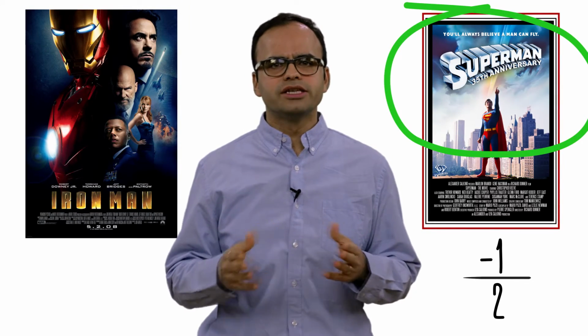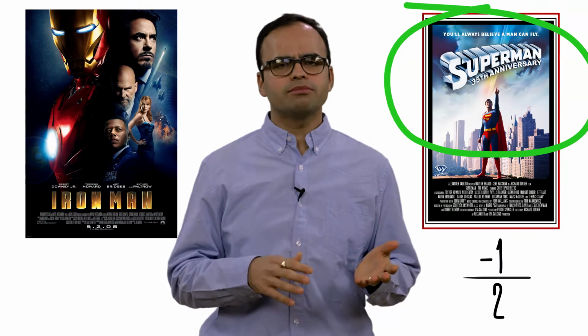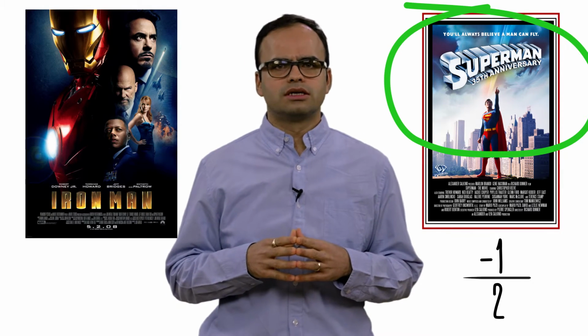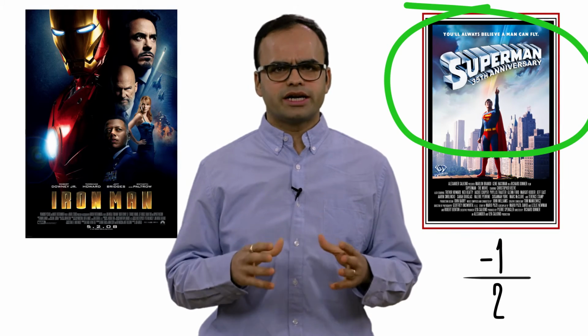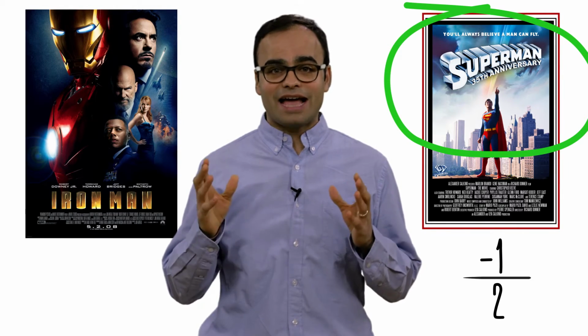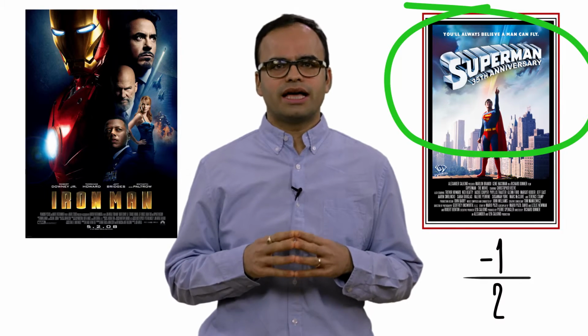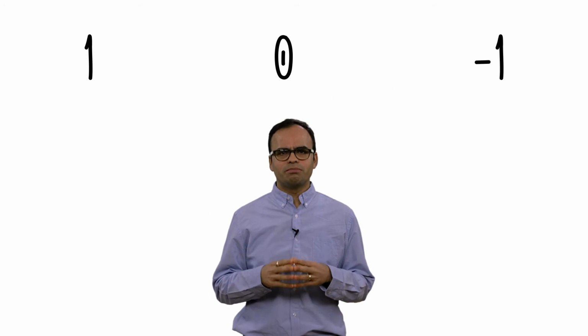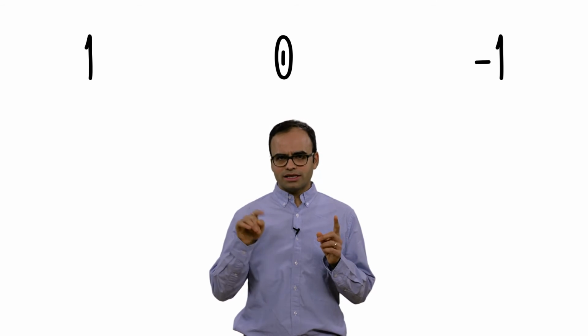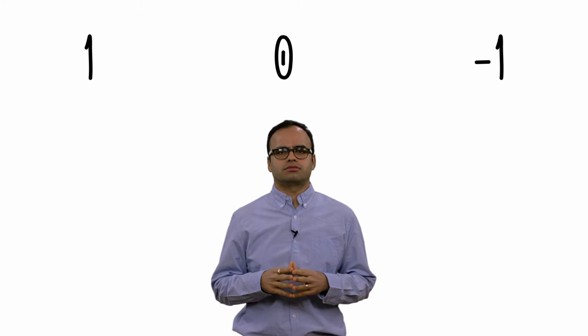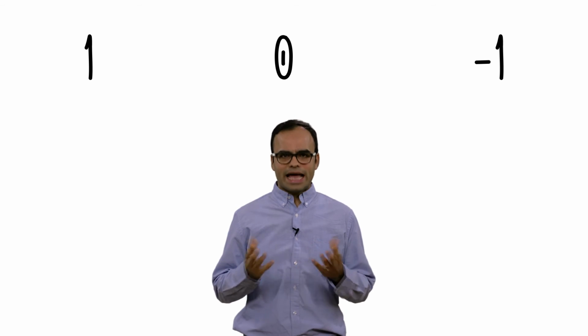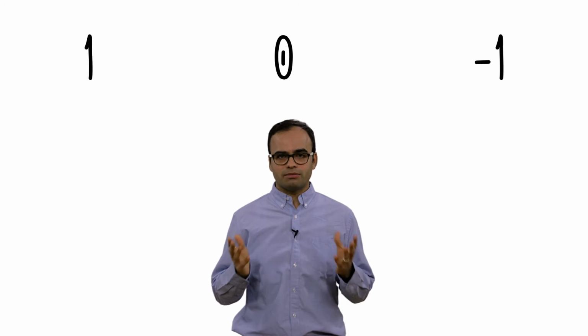Let us look at any 2 movie pairs, say Iron Man and Superman as before. The score of -half between them suggests that Superman is preferred over Iron Man. One way to interpret this is in the form of random outcome of games. To understand what -half means, let us consider special values of -1, 0 and +1 first. -1 means that Iron Man always loses compared to Superman. +1 means Iron Man always wins, and 0 means that Iron Man wins half of the time, Superman wins half of the time.